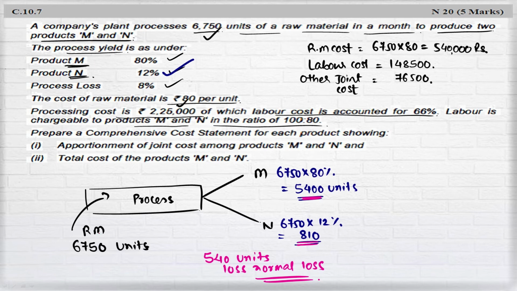We will directly prepare the statement of M, N, and total. There will be no sales; we will just be distributing the cost.